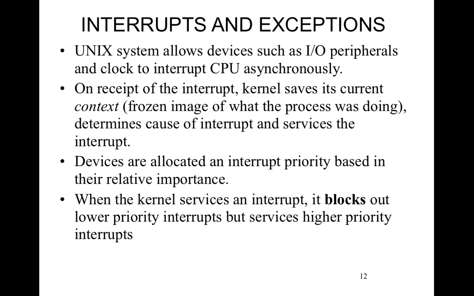So on the receipt of the interrupt, the kernel saves its current context, which is what it's currently doing, a frozen image of what the process was doing, and determines the cause of the interrupt and services the interrupt. It's not always an immediate stop, because we have to save what we're doing. So if we're running a process, we have to update the process control block.